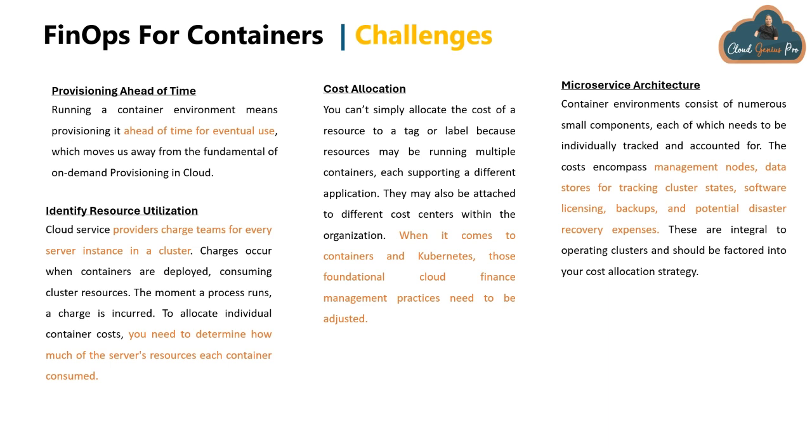Apart from containers, there are other sub-services like management nodes or data stores for the particular infrastructure, software licensing, backup, monitoring, and other sub-services, which also need to be factored properly while allocating the cost of that particular container infra. These are all key challenges.